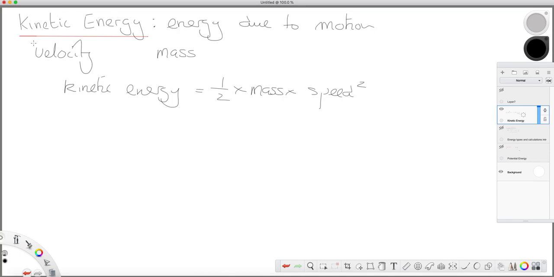It's actually the magnitude of the velocity we care about here, so the value of the speed is good. So putting that into our formula then, we've got the kinetic energy, I'm going to call that E subscript K for kinetic, is a half times the mass times the speed or the magnitude of the velocity squared.